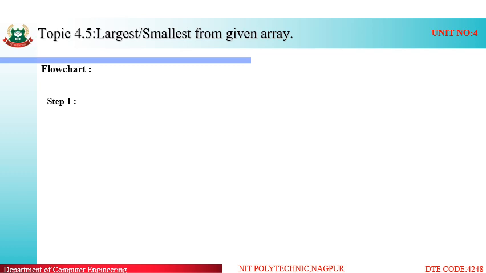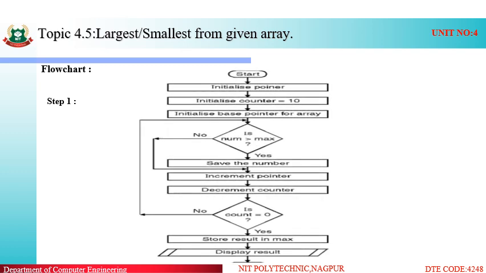So the first step is to draw a flow chart. Consider a flow chart like this, in which we start with initializing a pointer. Whenever we are using an array inside an assembly language program, we have to use a pointer register. Why are we using the pointer register?